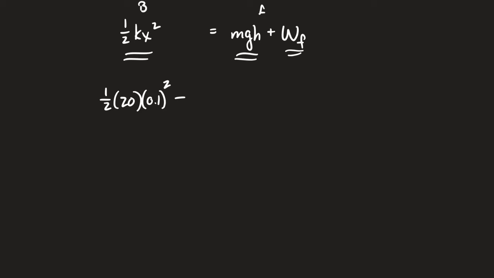The work done by friction will be the frictional force acting on the block, which is mu mg sine 30. And that has to act over the whole distance that it goes, which from our last problem is h divided by sine of 30.